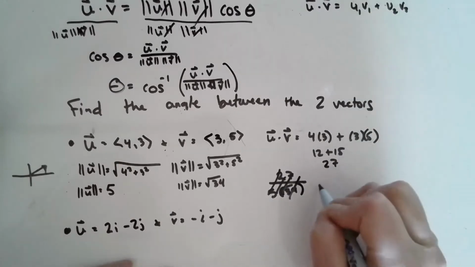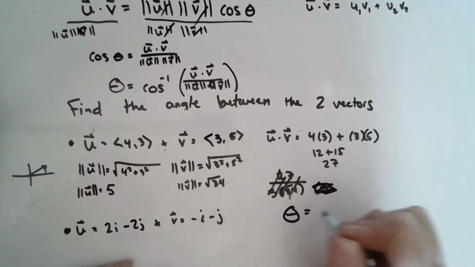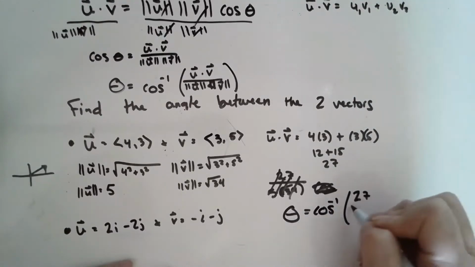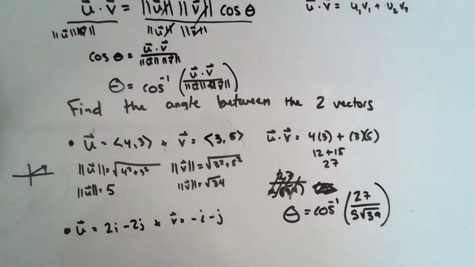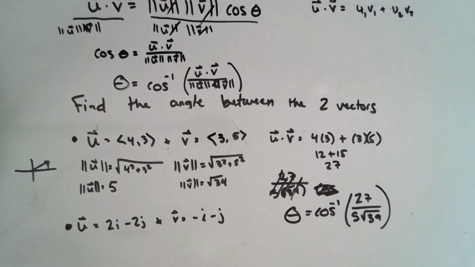Sorry, I'm going to rewrite this. So this is cosine. Theta equals cosine inverse of 27 over 5 square root 39, 5 times the square root of 39. And then we are going to figure out what that is. Make sure your calculator is in degrees, or technically you could have it in radians.